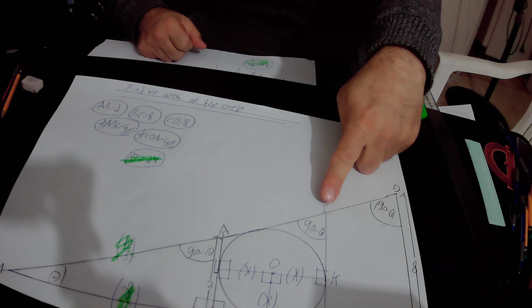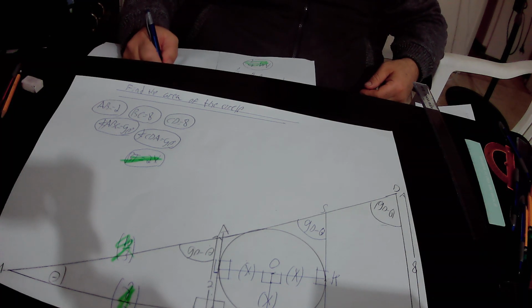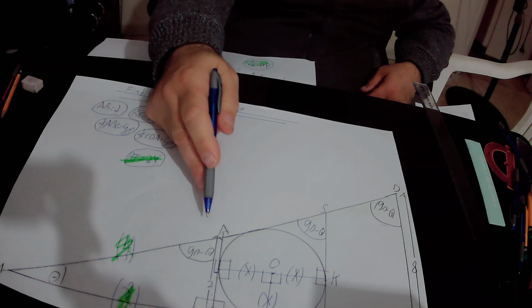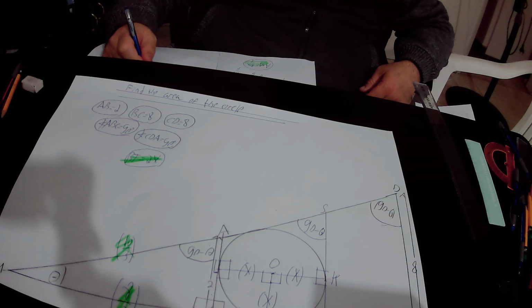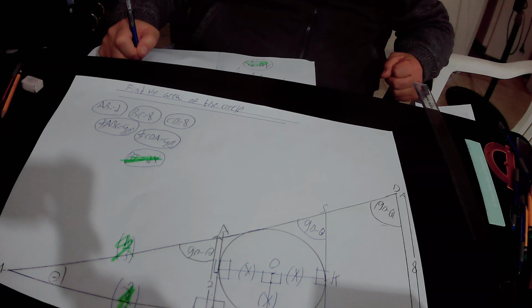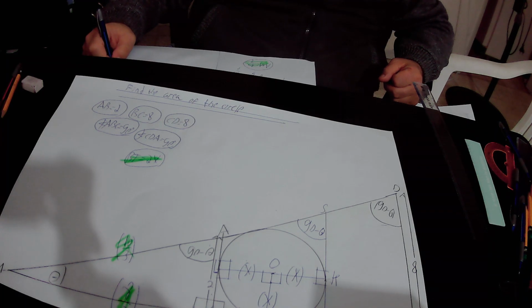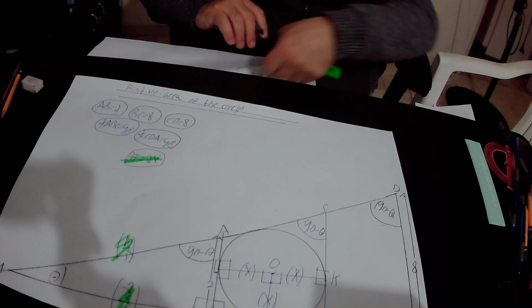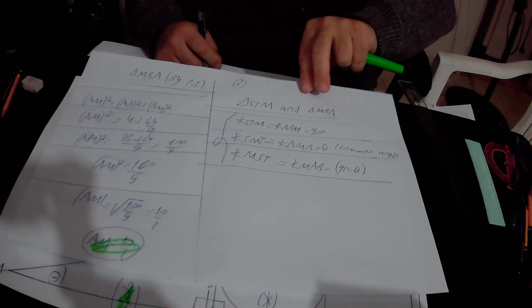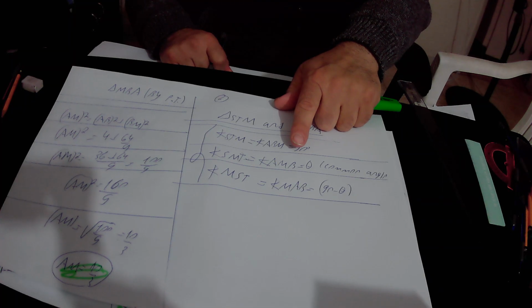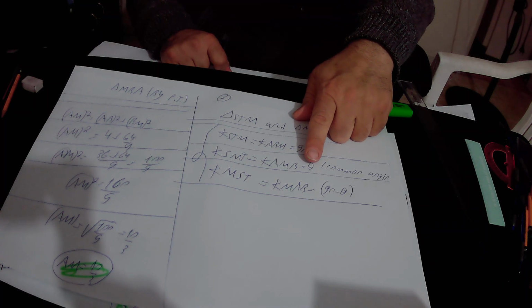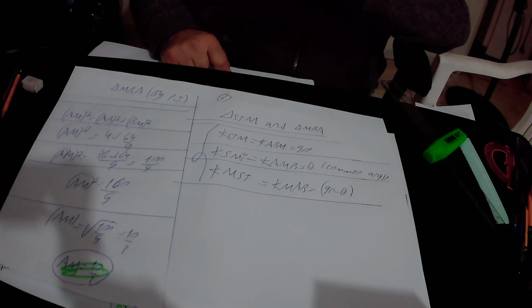So actually this is angle MST in the right middle triangle STM, and it equals this angle that is actually angle MAB in the right small triangle MBA. They are both equal to 90 degrees minus theta, therefore they are equal to each other.